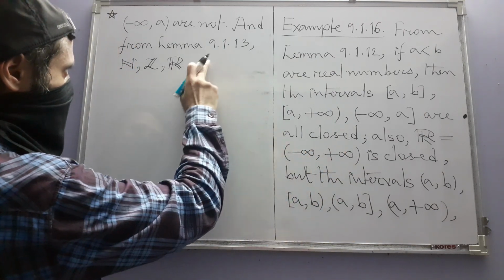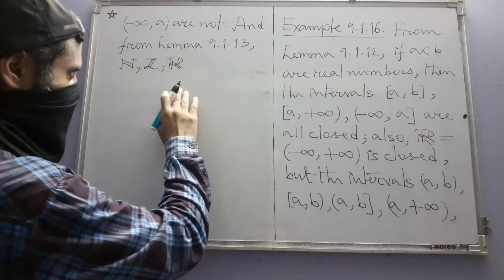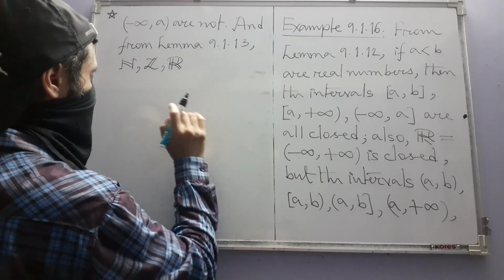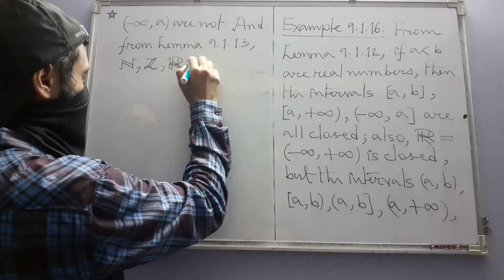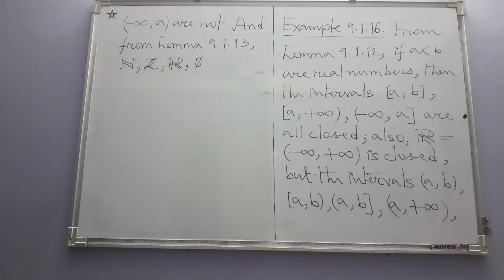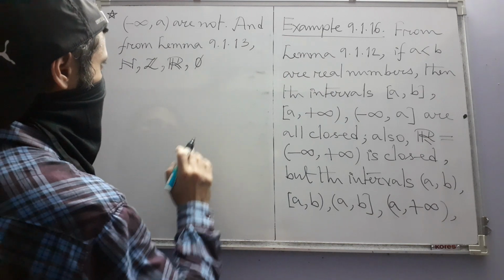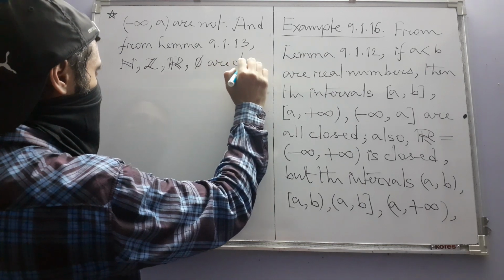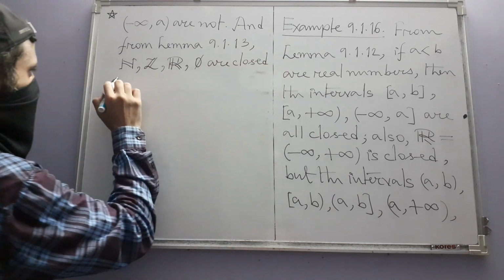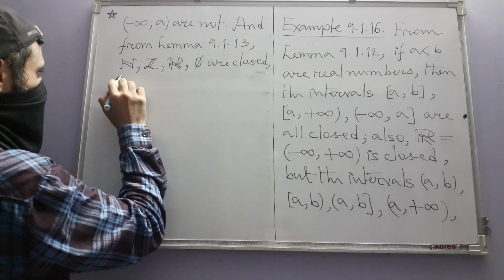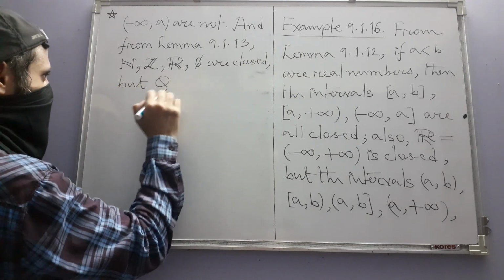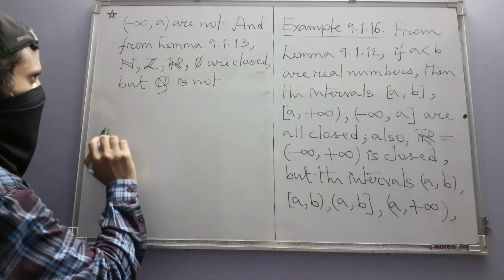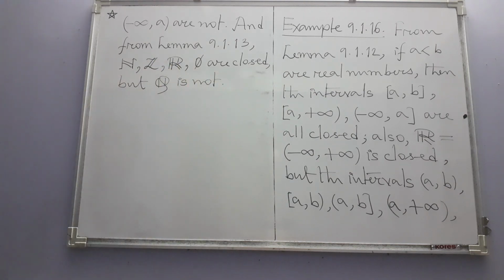And here also in this lemma, we have just simply been asked the same thing, but R, that symbol has been mentioned. This is closed, and the empty set is also closed because it equals its own closure. R is closed, but the set of rational numbers is not, because its closure is not Q but rather R.